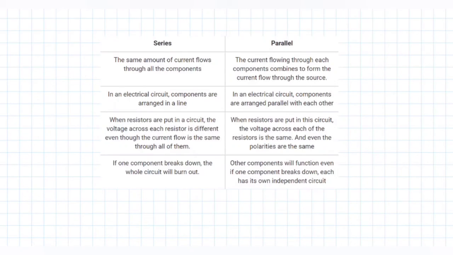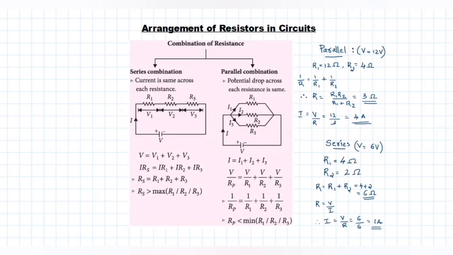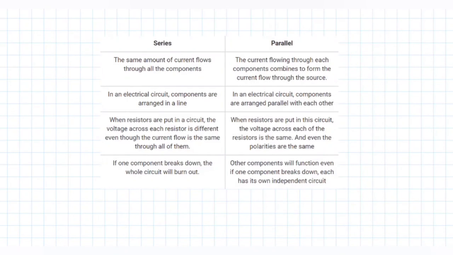And in parallel, the current flowing through each component combines to form the current flow through the source. That is, we have found out from here. The current flowing through each resistor combines to form the current flow through the source. In an electrical circuit, the components are arranged parallel with each other.